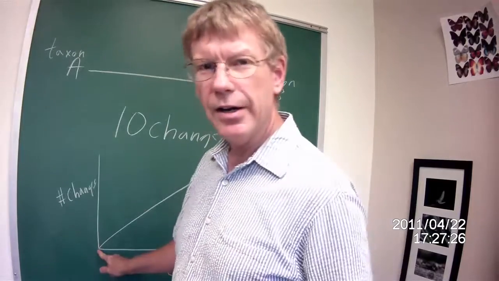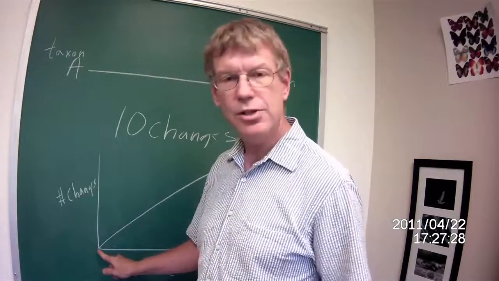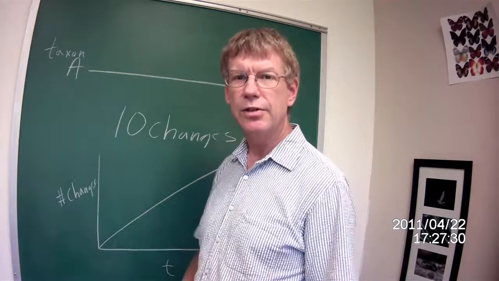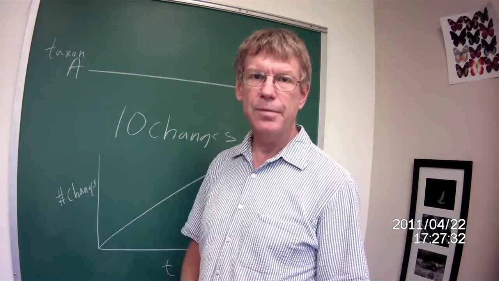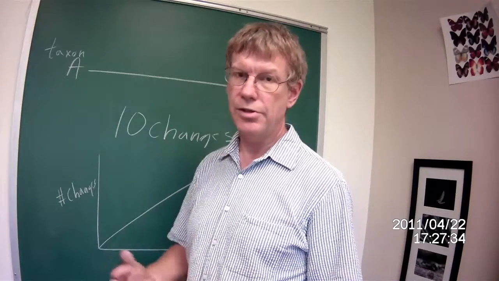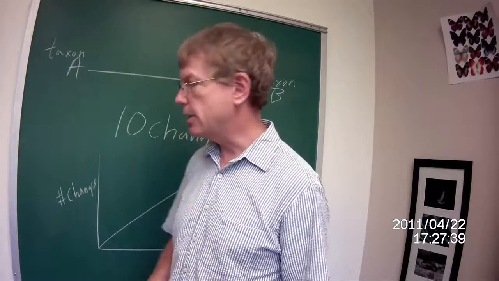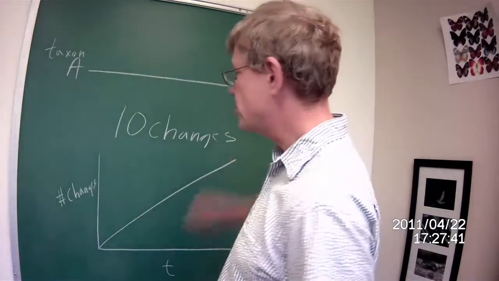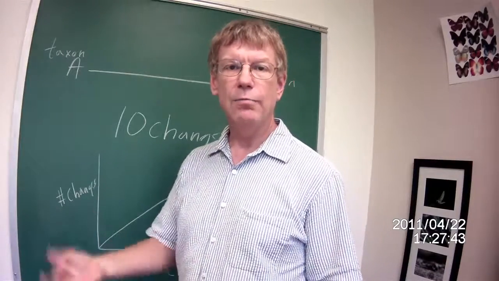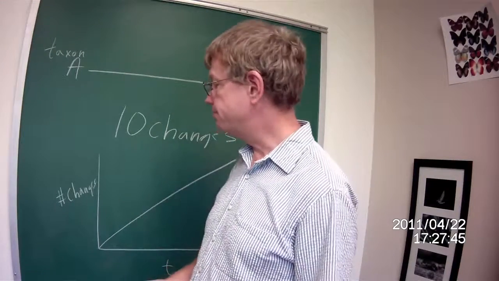Something important there is that if time is 0, the probability of observing 10 changes at time 0 is 0, right? We've had no time with which to accumulate change. As time goes to infinity, we can have more and more change, right?